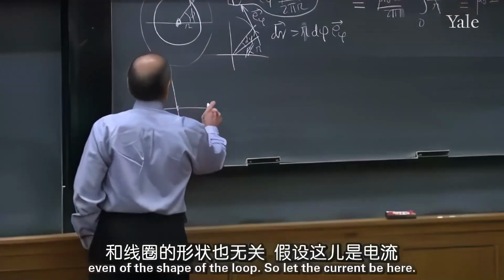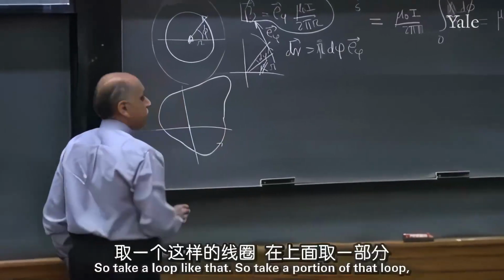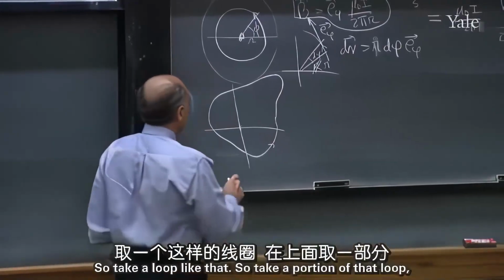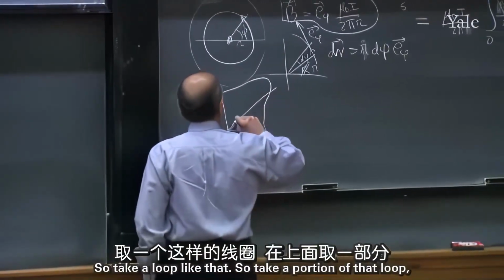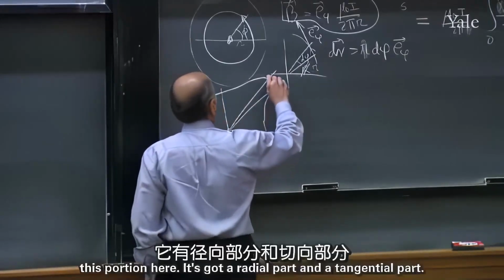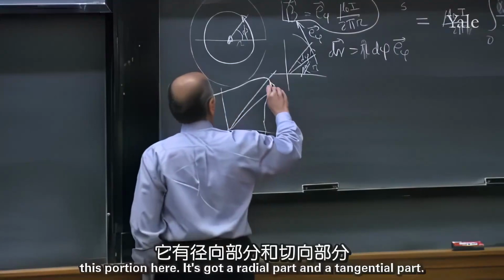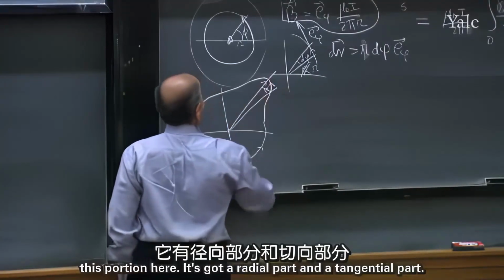So let the current be here. Take a loop like that, and take a portion of that loop, this portion here. It's got a radial part and a tangential part.